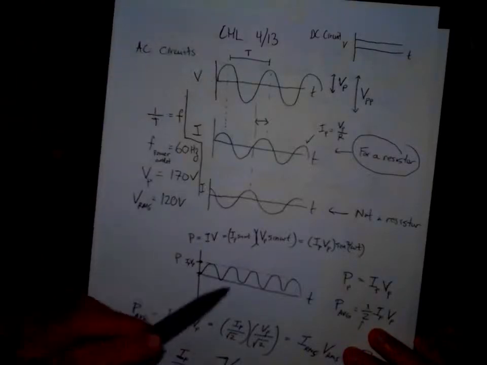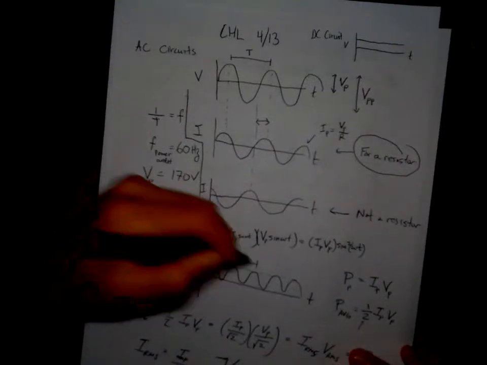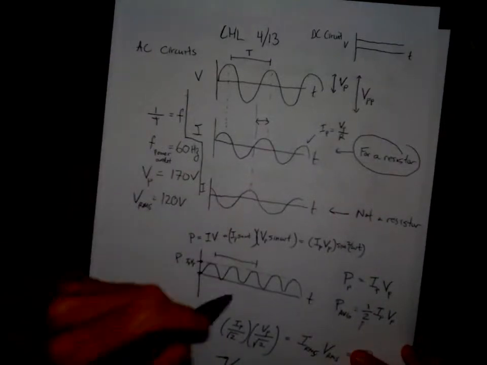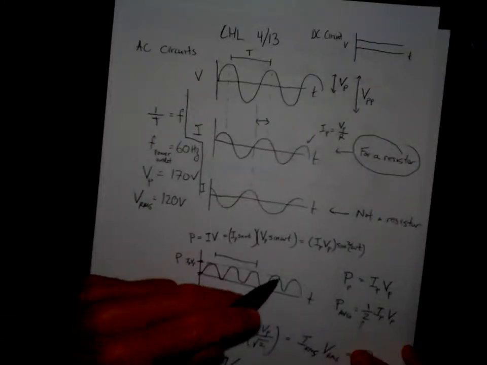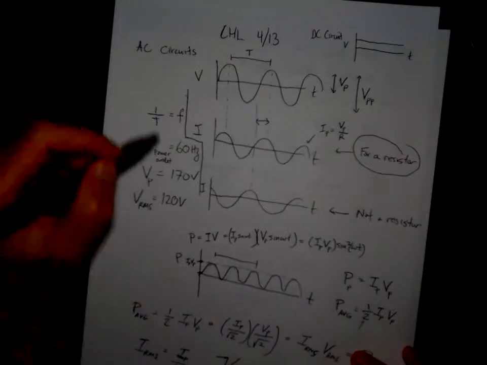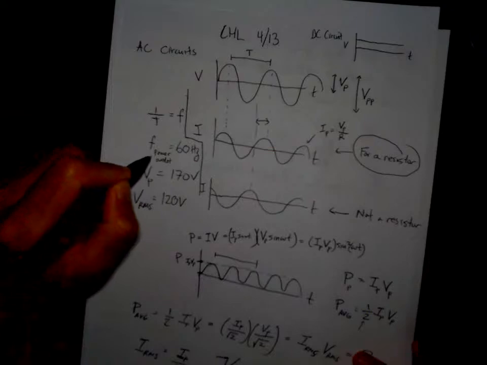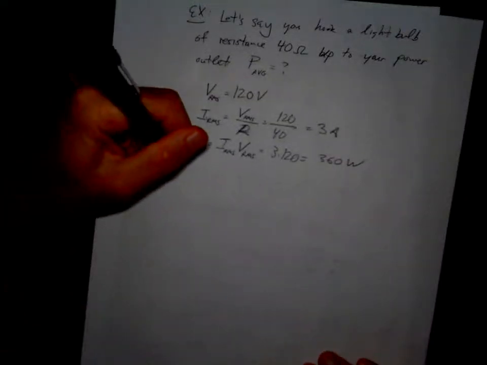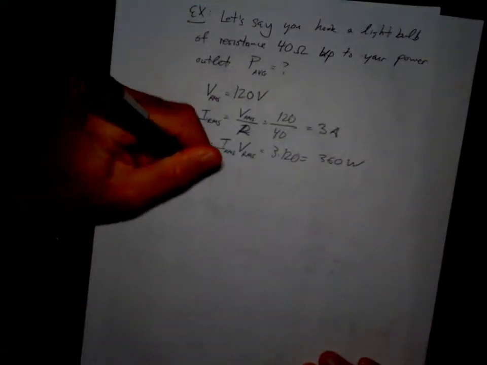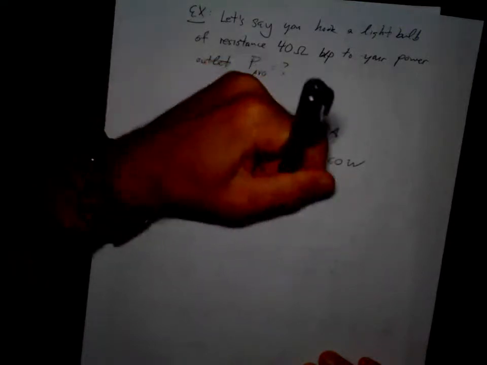So when we square the signal, this is a full period right here. So the blinks actually happen twice as fast as the frequency of the voltage signal. If the voltage is coming in at 60 hertz, then the light blinks at 120 hertz.